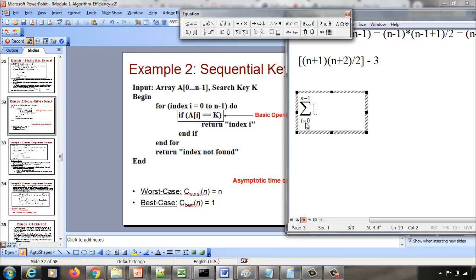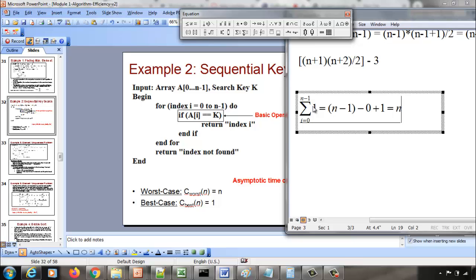And then again for each iteration we do one comparison, whether a of I equals k. That's one comparison per iteration. So what goes inside the summation is 1. So this again fits within the formula upper limit minus lower limit plus 1. So n minus 1 minus 0 plus 1, that's going to be n.